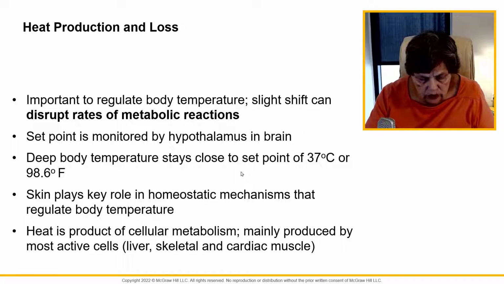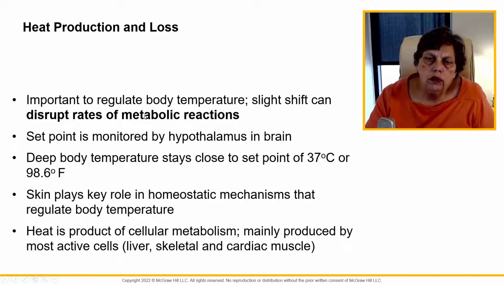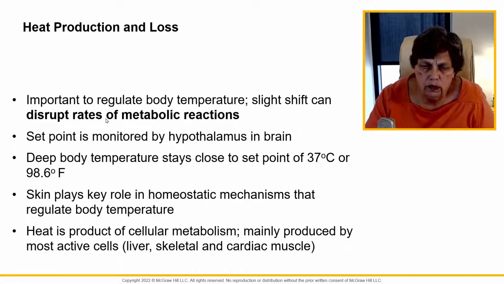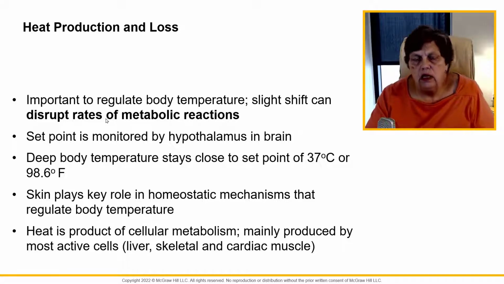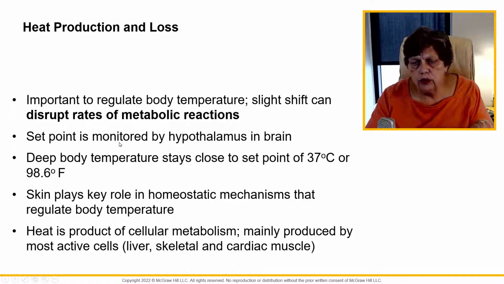We have a very small area of operating temperature, if you will. So it's important that we regulate this body temperature, because just slight shifts in those temperatures can really disrupt metabolic reactions that we have.